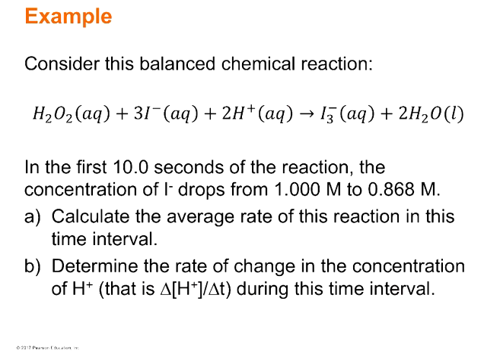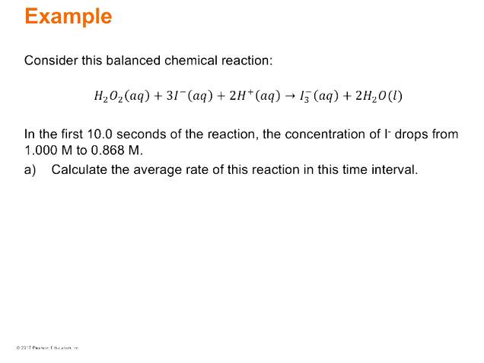Okay, so let's start with A, and we're going to calculate the average rate of this reaction in this time interval. So let's write out the rate expression in terms of iodide ions because that was the information we were given. So we're focused on that part of our reaction.